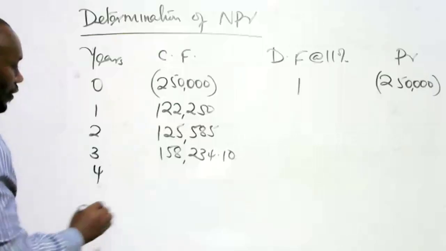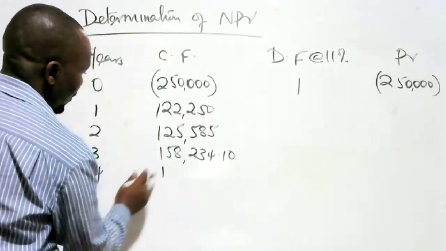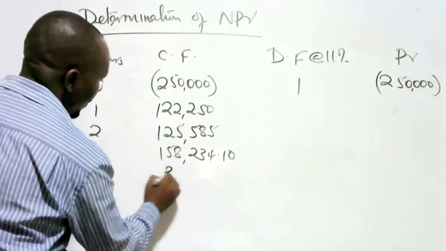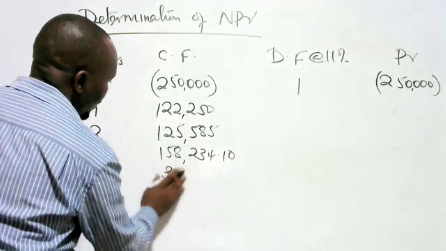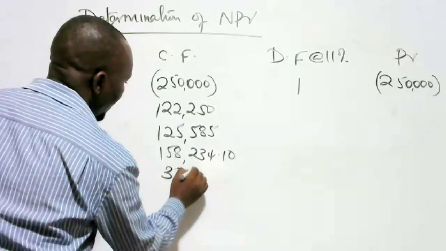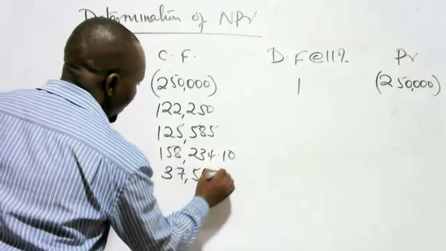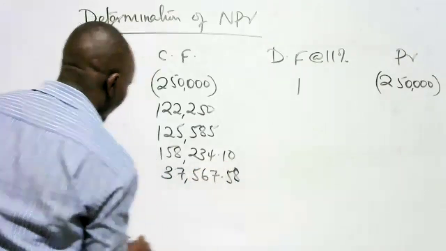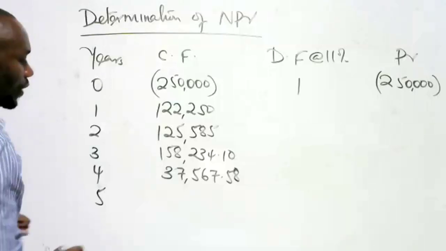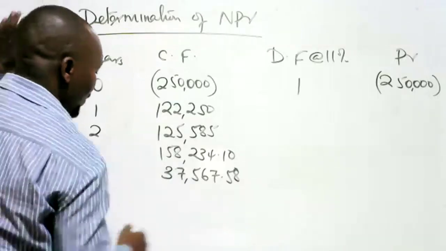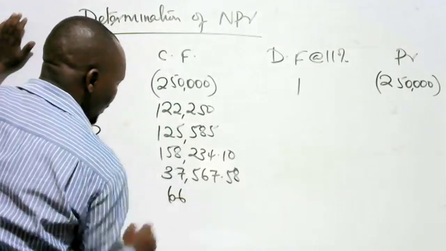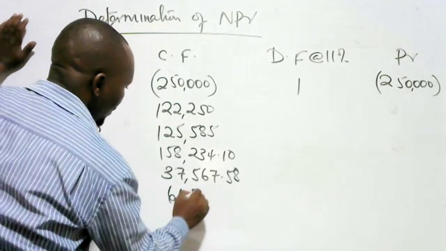Year 4, 37,567.58. Then year 5, we have a tax credit, so that's money coming in of 66,84.2.